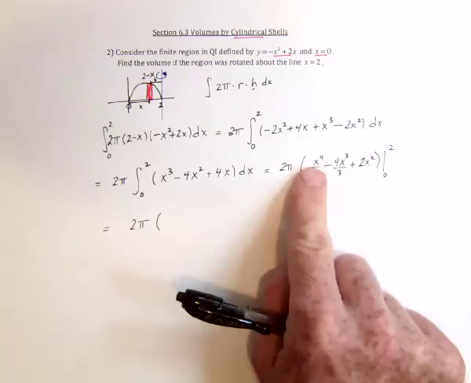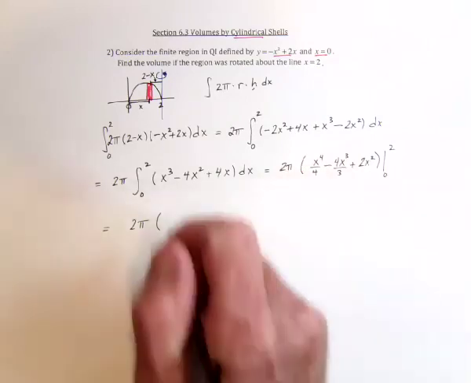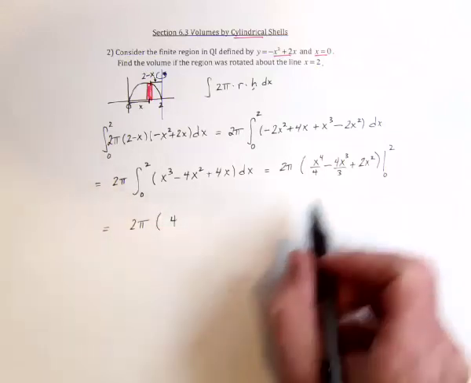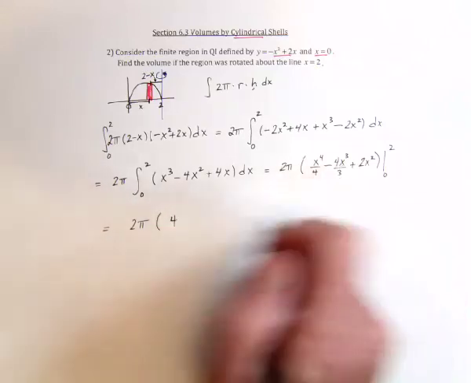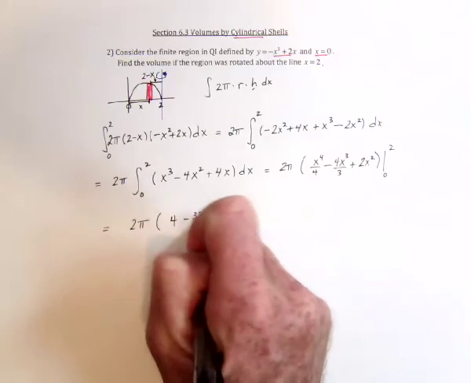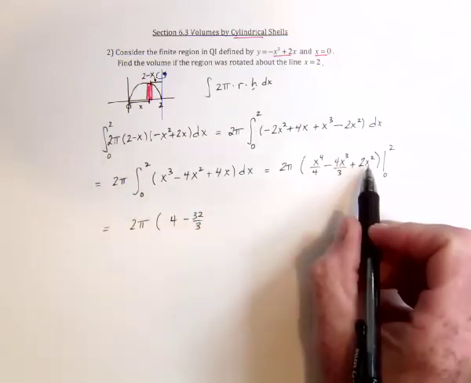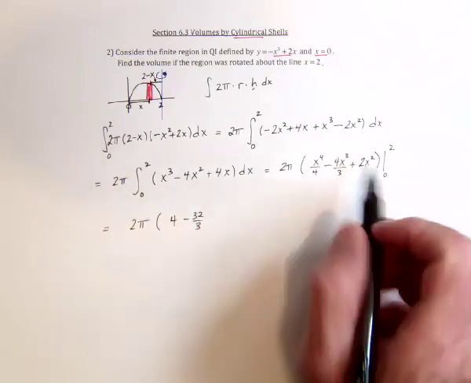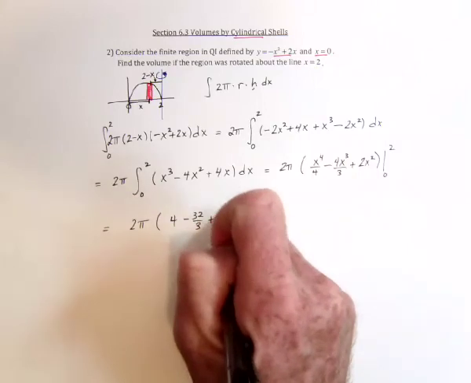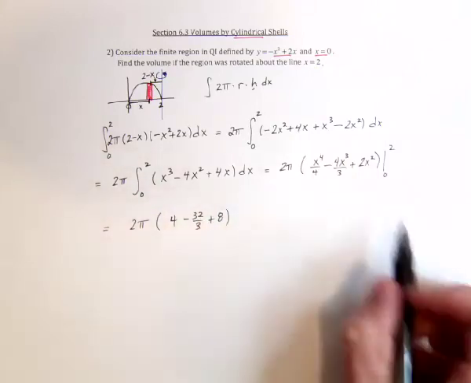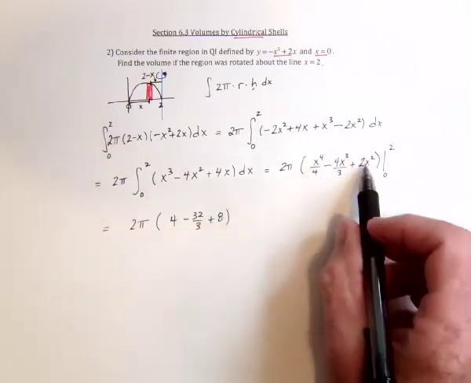This would be 2 times 2 is 4, 8, 16. Over 4 is just a 4. This is going to be an 8 times that is negative 32 thirds. And this would be a 4 times 2 is 8. And then a 0 would contribute 0.